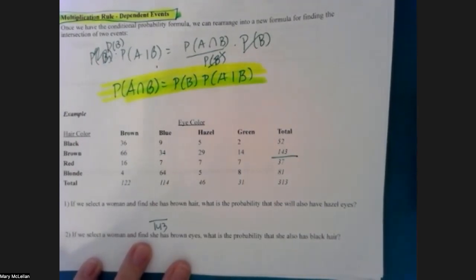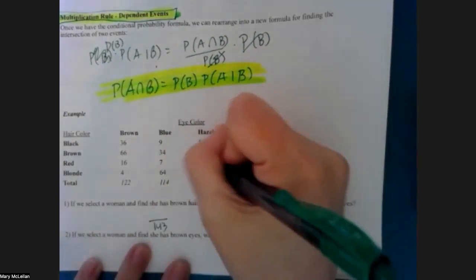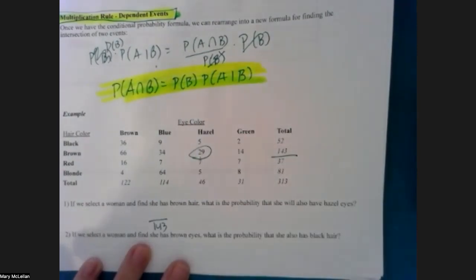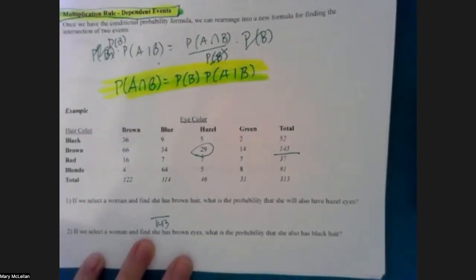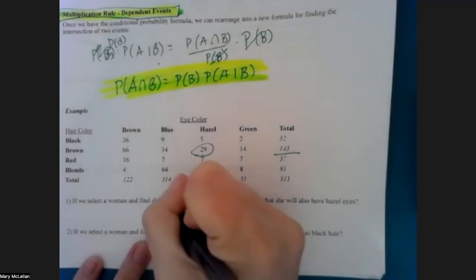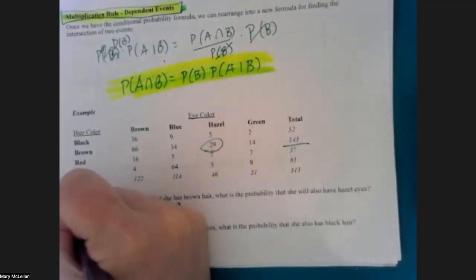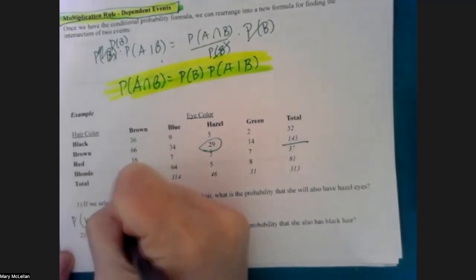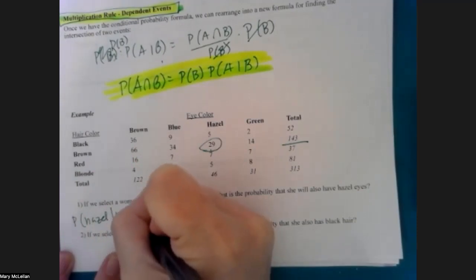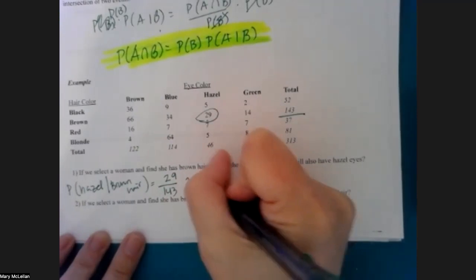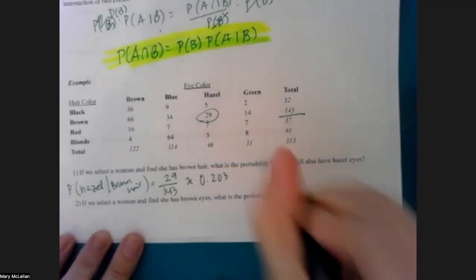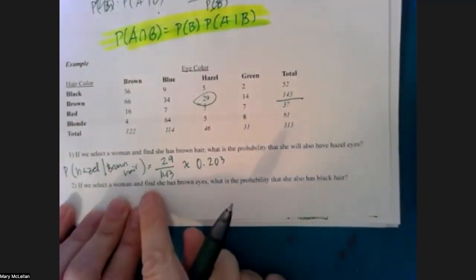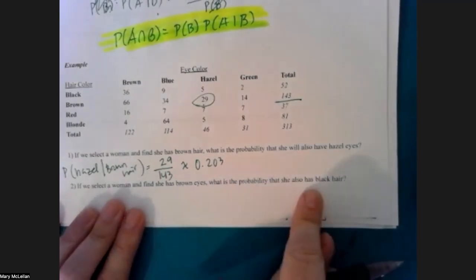And the numerator would be 29, because that's all of the people with hazel eyes who also have brown hair. This would be the probability of hazel eyes given brown hair. And if you prefer a decimal, that's about 0.203.